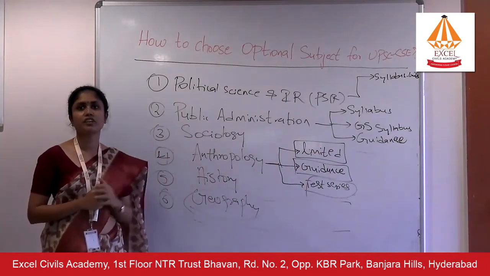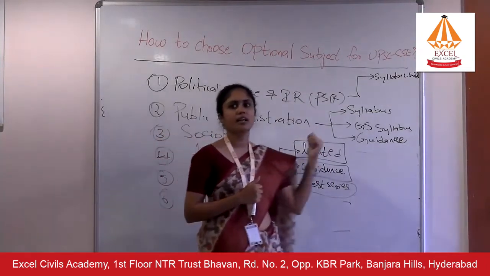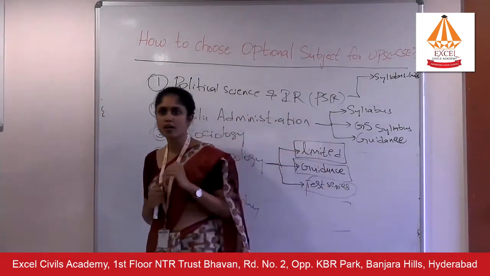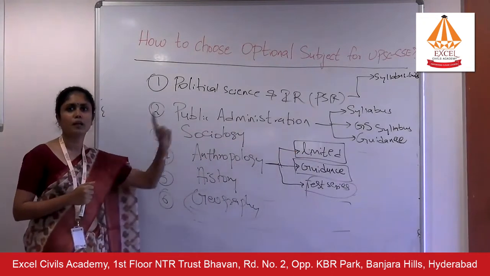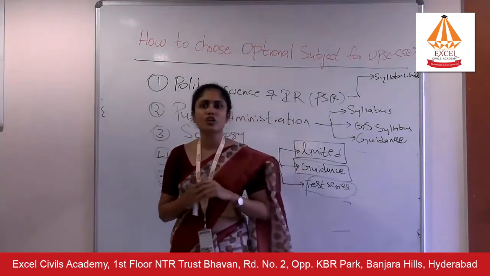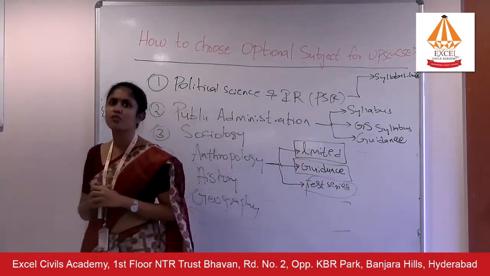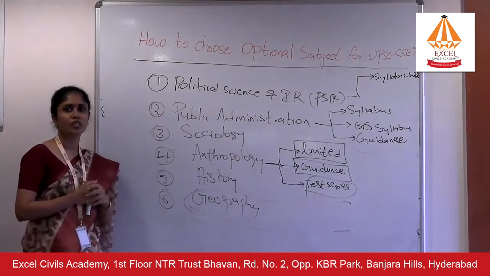So basic science optionals have the advantage of objectivity, but generally they are not a very famous or popular choice of UPSC aspirants. The main reason is not because those subjects are very difficult. The main reason is most of us do not take our graduation very seriously, right? We only study 1 week or 1 month before the examination.